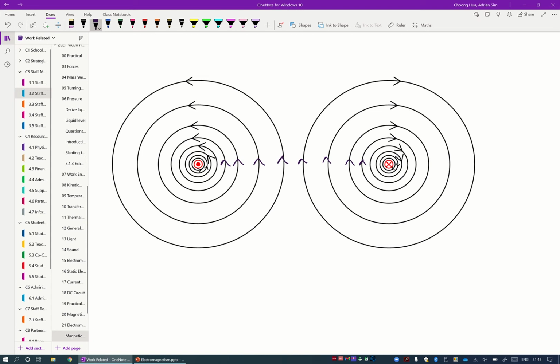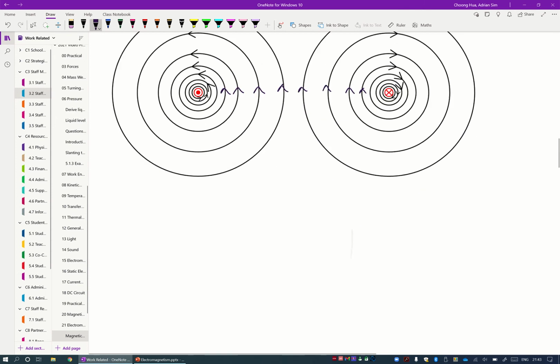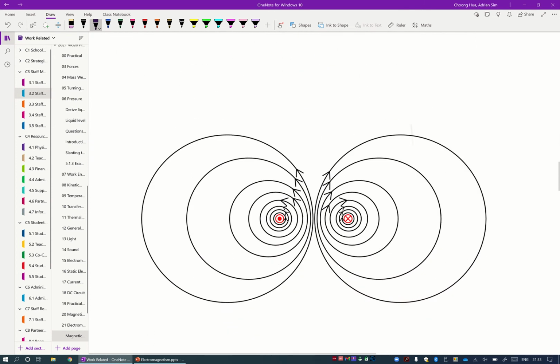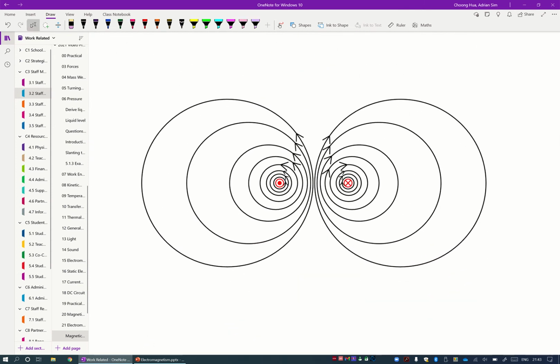So what happens when we take these two wires and push them closer together? When we push them closer together, what we are going to encounter is this diagram, where the magnetic field lines just come closer together.